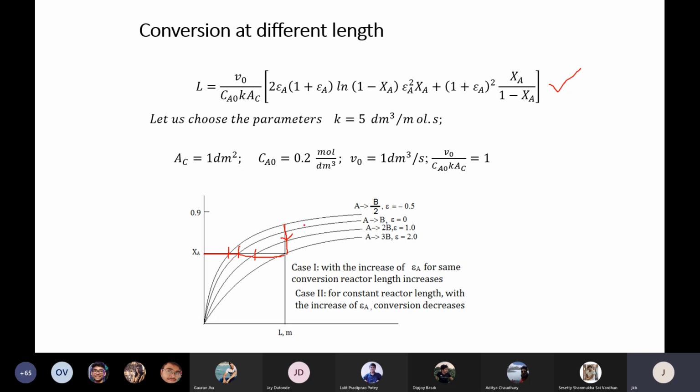So if epsilon gradually increases, keeping reactor length constant, conversion will decrease. With increase in epsilon, conversion decreases. And with increasing epsilon, reactor length increases. Reverse.